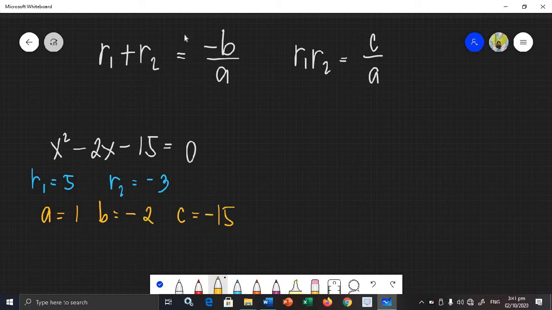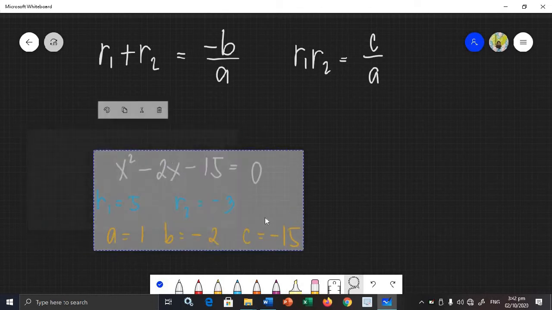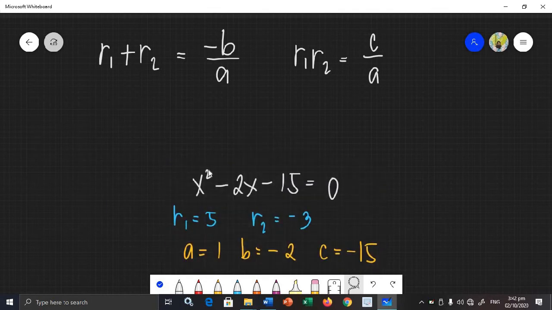Okay? And then, let's prove if this really works. Okay? If they have a relationship with each other, the coefficients and the roots. By substitution, tingnan natin kung magiging equal.